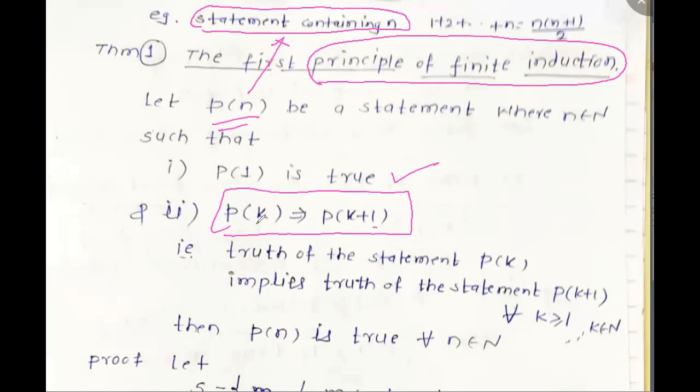K plus 1 is the successor of k. So if it is true for k, then it is also true for its successor k plus 1. If these two steps hold, then P(n) is true for all natural numbers n.